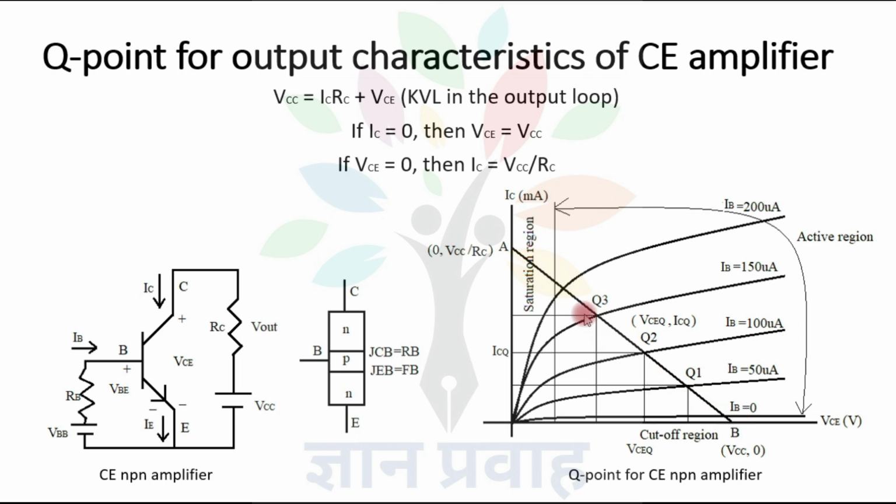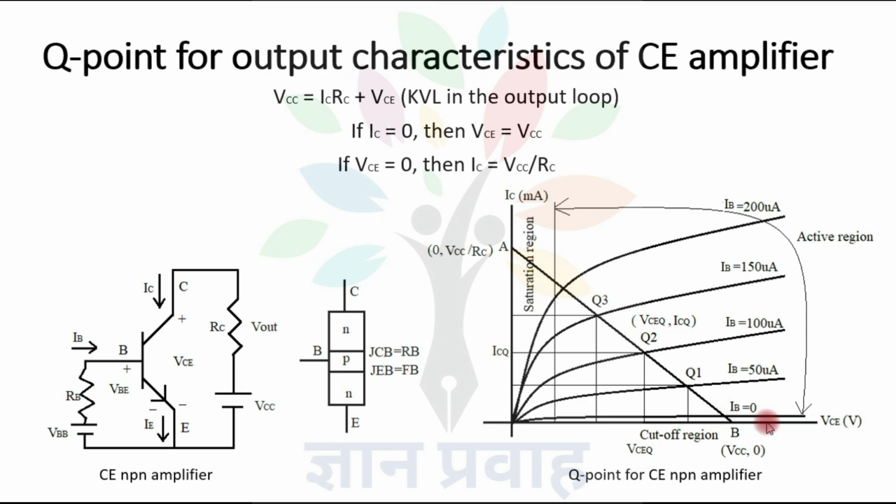And here we can see there are a number of operating points, because the load line is intersecting at different points of the output characteristic. Suppose this one is the Q1 point, this one is the Q2 point, and this one is the Q3 point, and the corresponding values are the Q point biasing voltage and biasing current values.